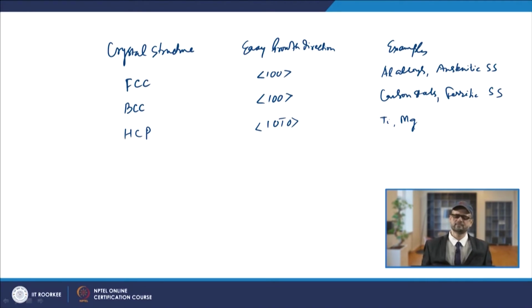This is their easy growth direction. And similarly, you have the body centered tetragonal, where the direction is 110. This way, the easy growth directions are there for different materials with different crystal structures.